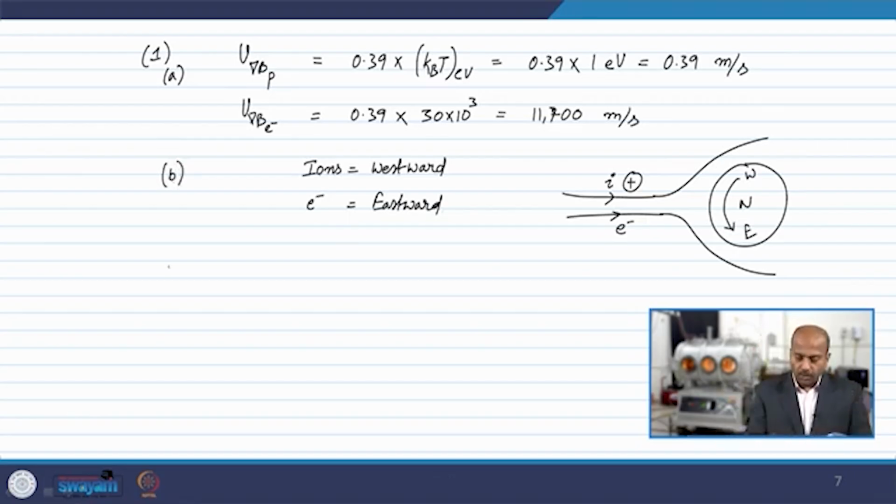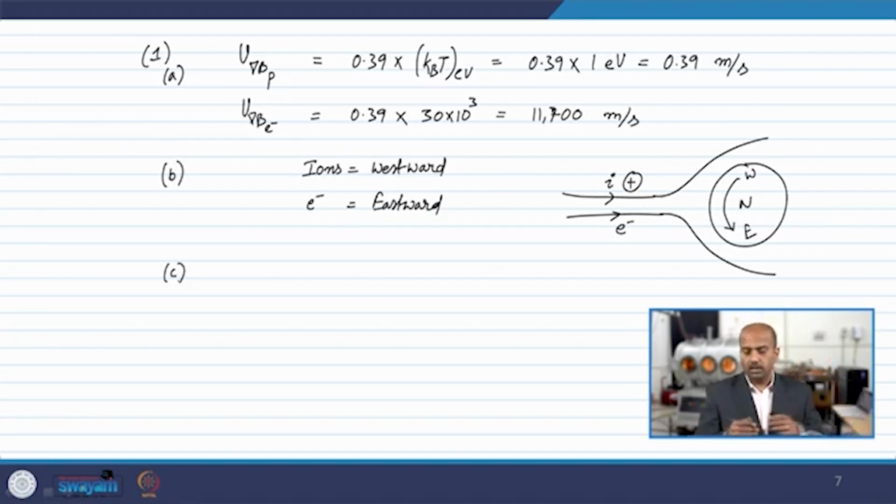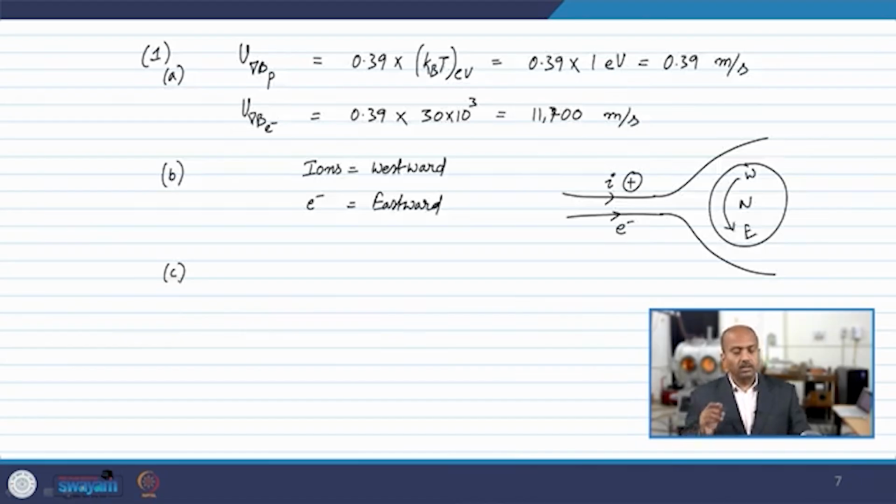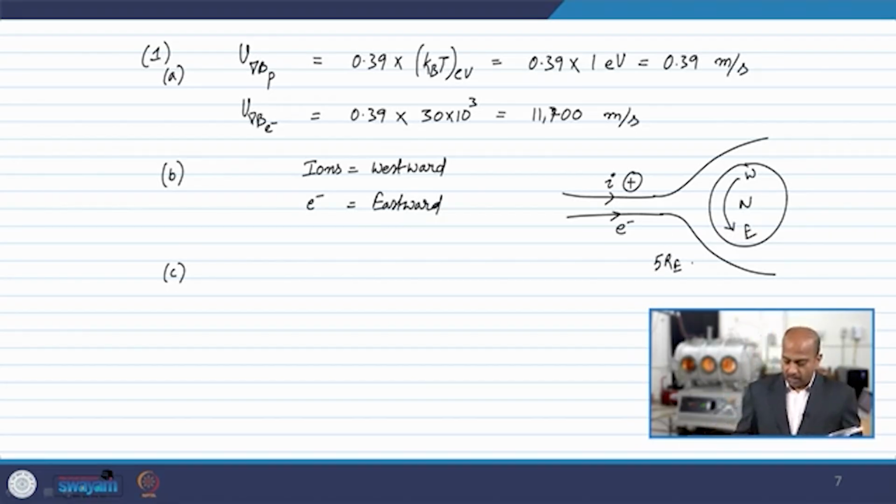We know that. Now, since the particles have separated, they are encircling the earth. How long does it take for the particles to complete one revolution of the earth? That is the question. Go back, see the stem of the question. It says, how long does it take for electron and ion to encircle the earth? Let us say we consider 5 earth radii, 5 RE, when they start experiencing the drift.